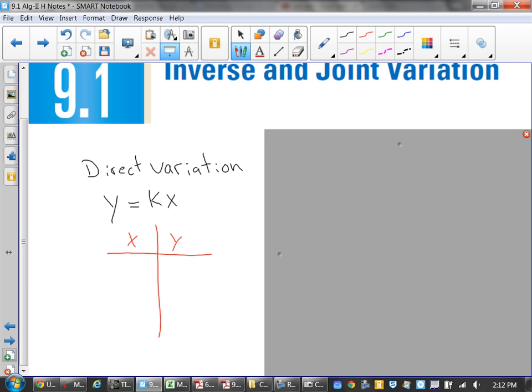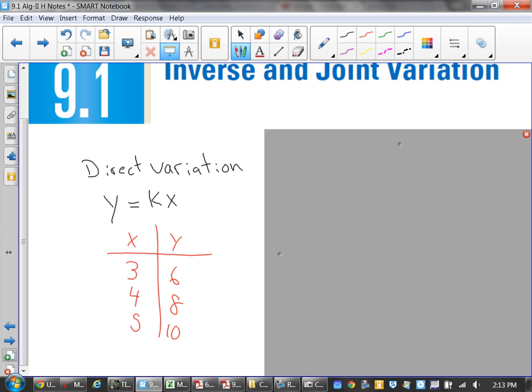Let's say you had a table of 3, 4, and 5, and your y values were 6, 8, and 10. When you looked at something like that, you were trying to figure out what was that constant. What was the same thing you're multiplying your x's by each time to get your y's? 2. Are you right with that?